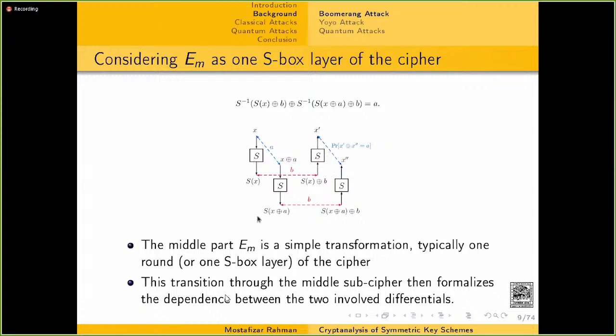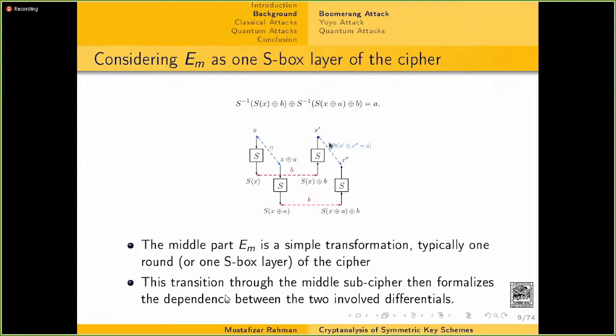And in the case of the S-box switch, suppose the difference between S of X and S of X XOR A is B. So when we add here a B difference, we are essentially just interchanging these two values. So we always know what the initial difference here is.